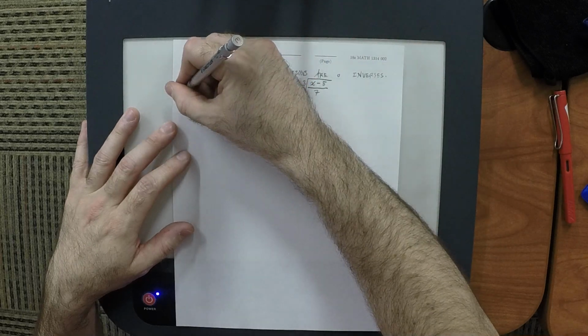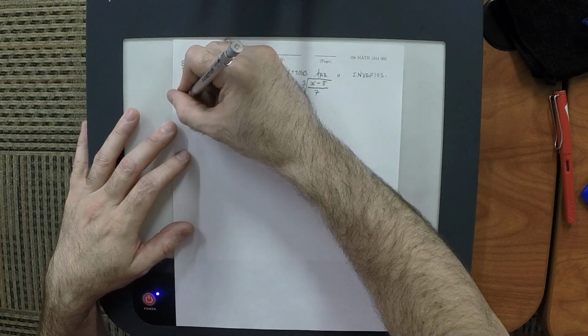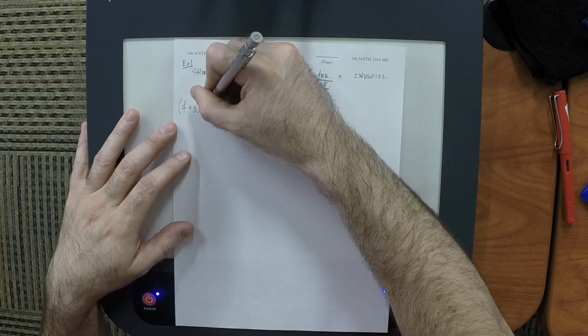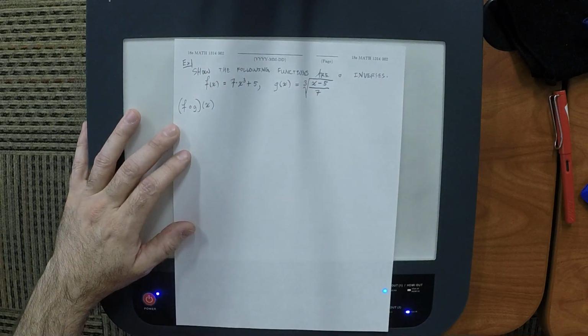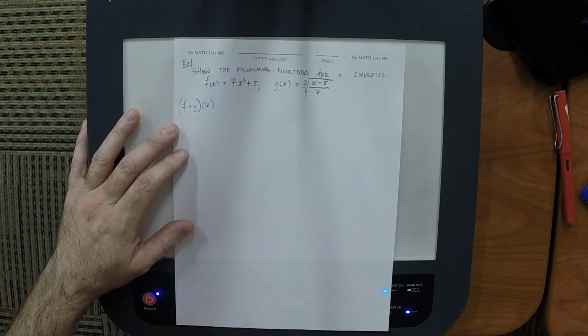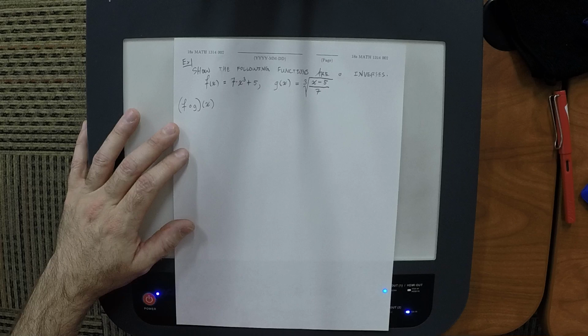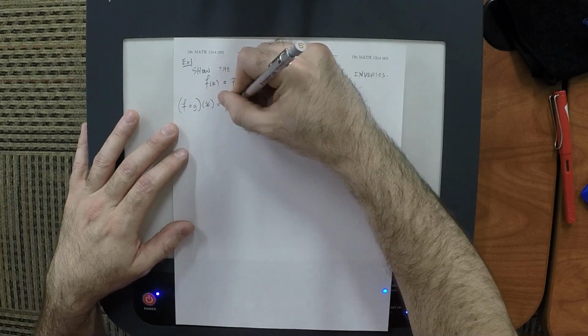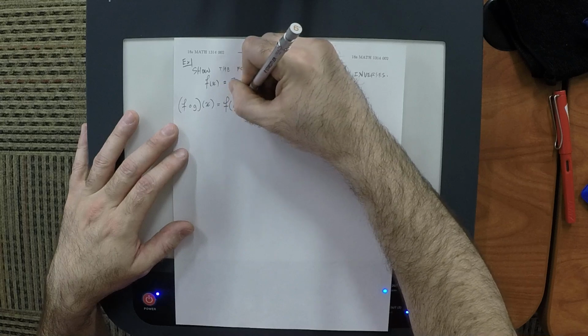Okay, so let's do it. f composed with g, evaluated at x. The first thing we need to do is write these without composition. So that's f of g of x.